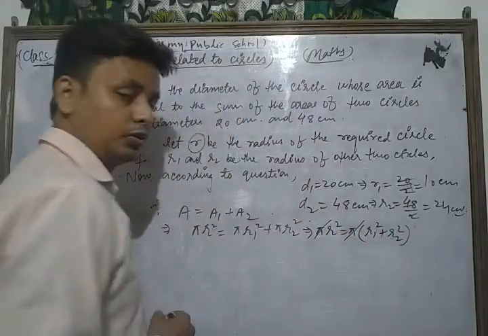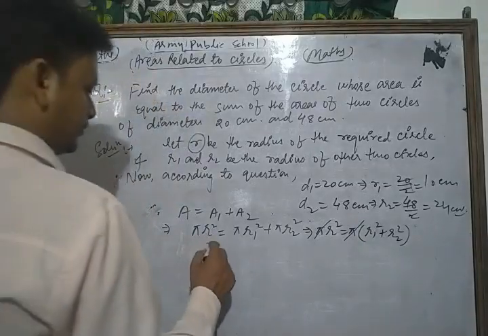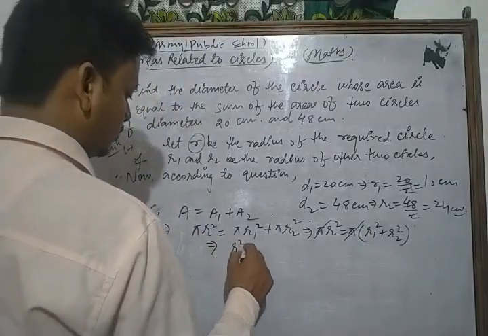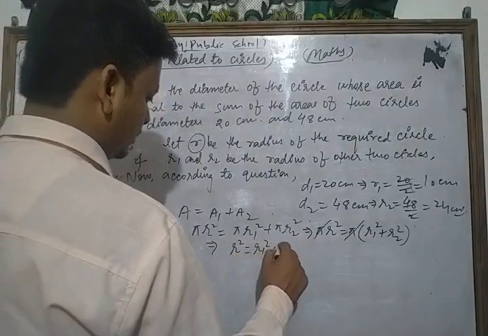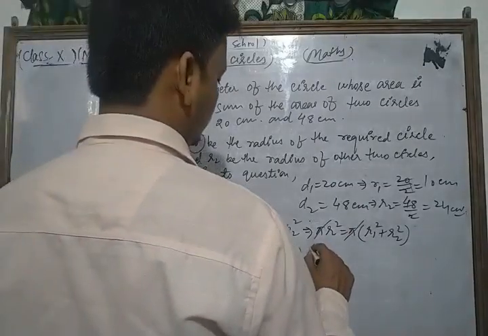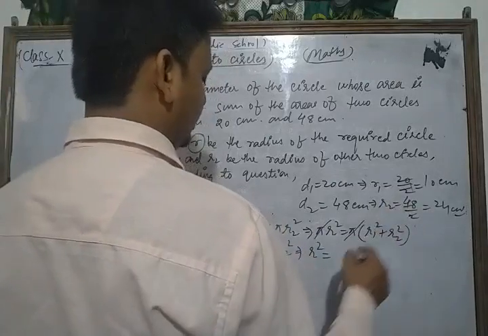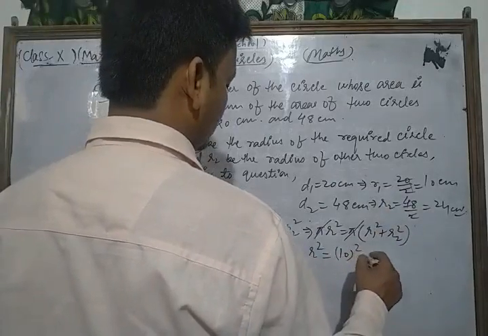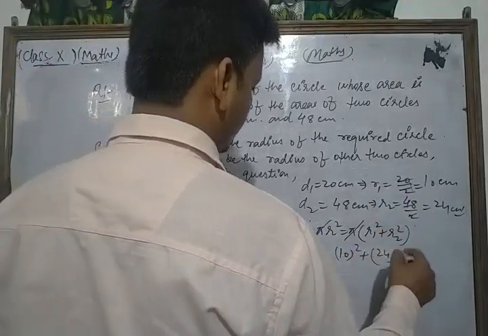Pi cancel to each other, that is r square is equal to r1 square plus r2 square. Now r square is equal to 10 square plus 24 square, as r1 is 10 and r2 is 24.